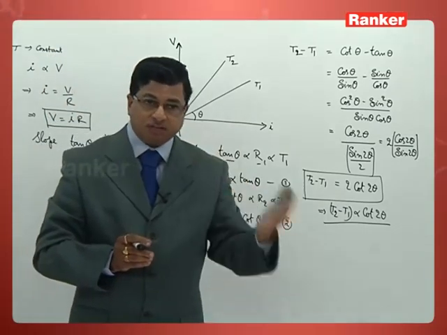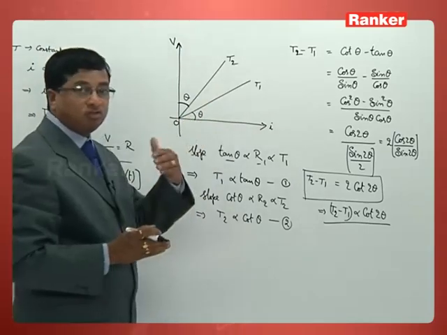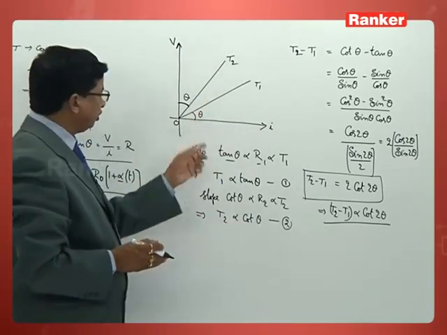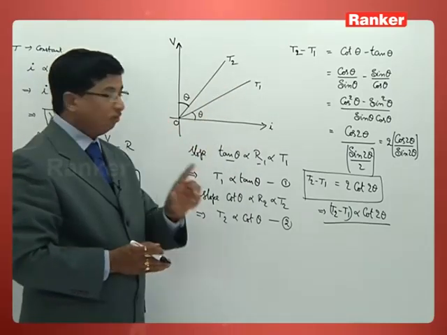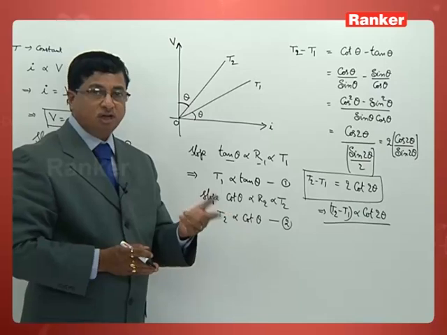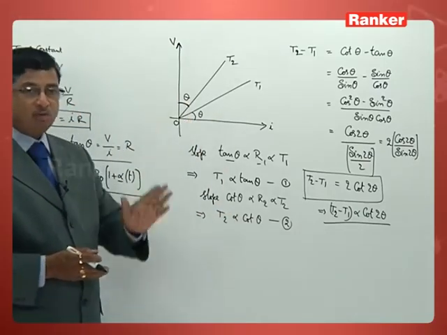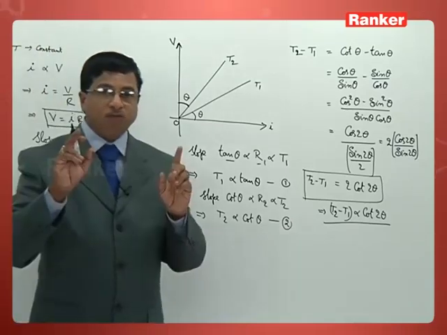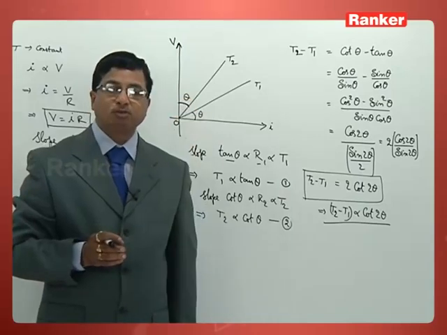When resistance changes, the slope changes, due to which we are given here two different straight lines with two different slopes. Two different slopes means they individually have two different values of resistances. That is the point one has to understand.